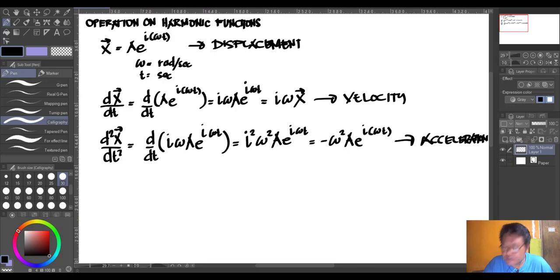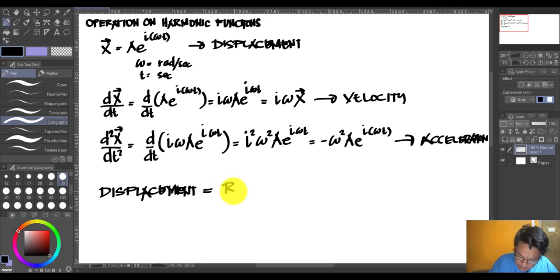So for expressing that, for my displacement, we have Re, the real part of my displacement, A raised to i times the angular velocity times time.